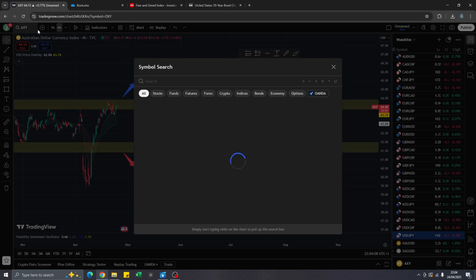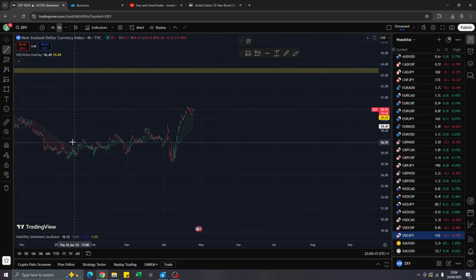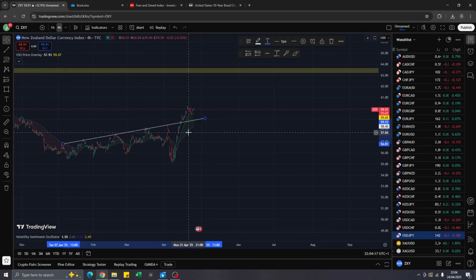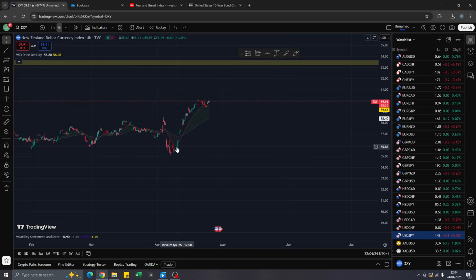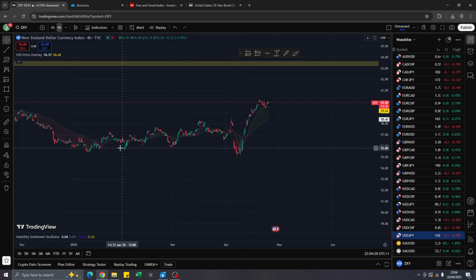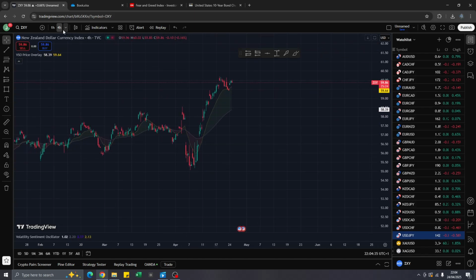Now this is what you've probably seen from the thumbnail. ZXY. Look at this. We've broken out of this slowly increasing range. Clearly a bullish range with higher highs. You had a lower low, but it seems to be a fake out, maybe caused by noise, Trump tariffs. But in general, this structure has been going on since start of 2025, and look how much the Trump tariffs affected it. Not much. I'd consider this a risk on currency. Depends on trade.